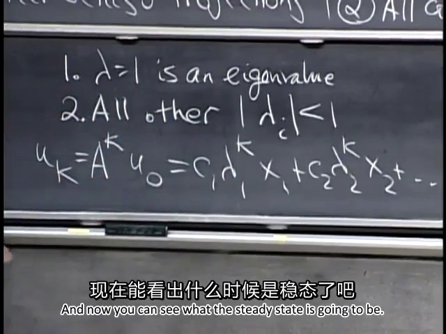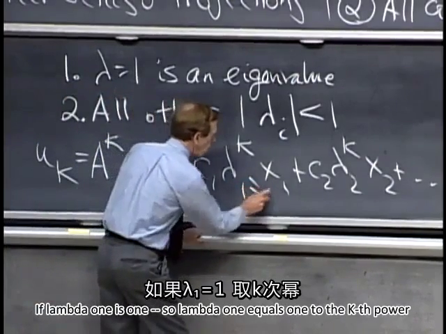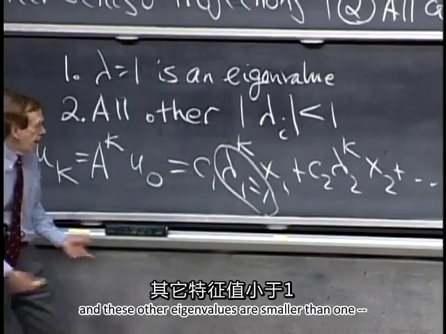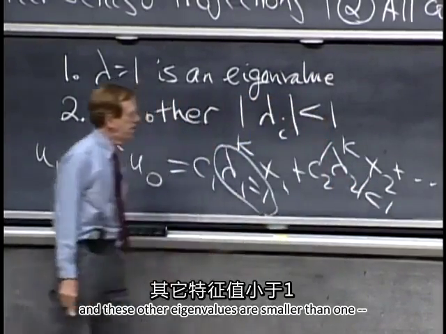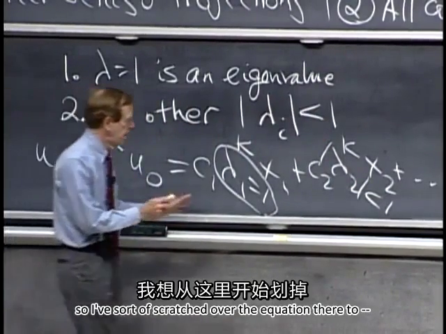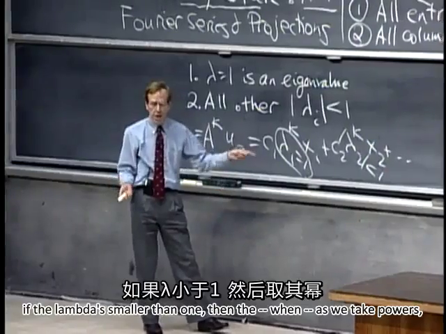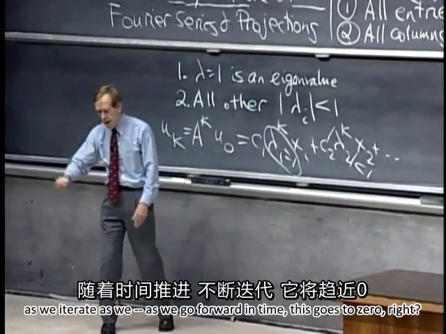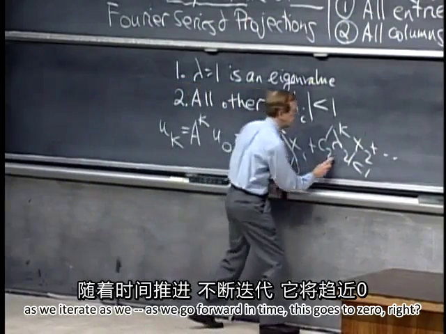And now you can see what the steady state is going to be. If lambda 1 is 1, so lambda 1 equals 1 to the kth power, and these other eigenvalues are smaller than 1. So I've sort of scratched over the equation there, but what happens to that term if the lambda is smaller than 1? Then as we take powers, as we iterate, as we go forward in time, this goes to 0, right?